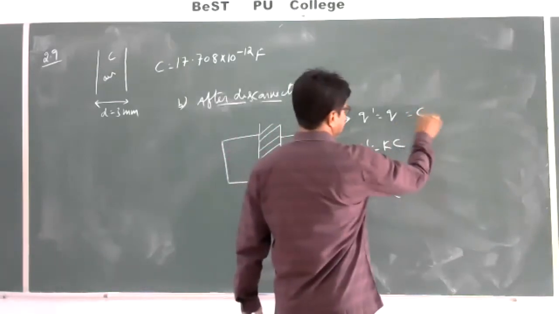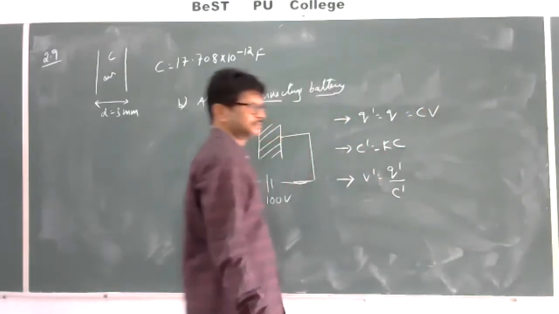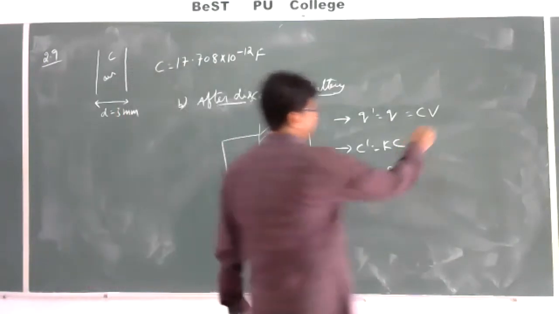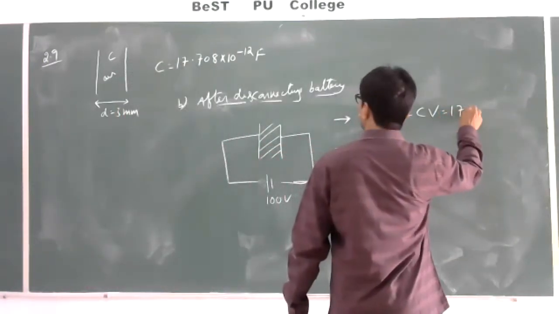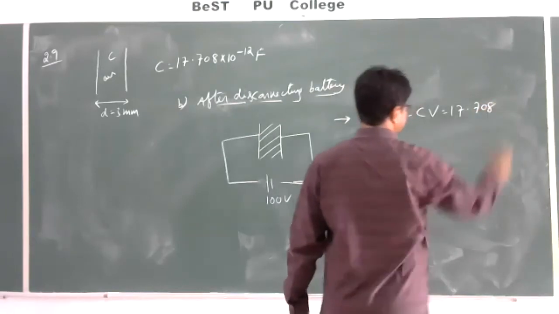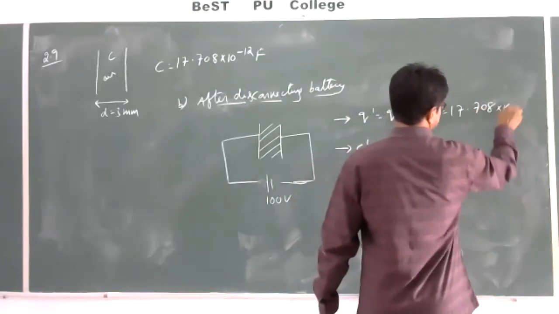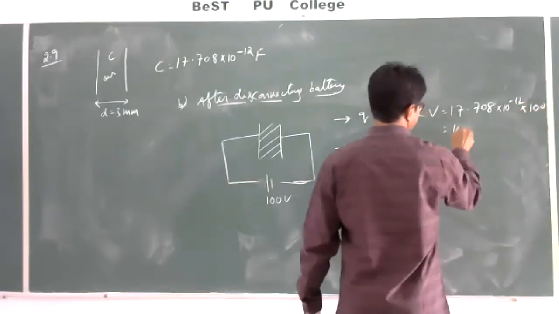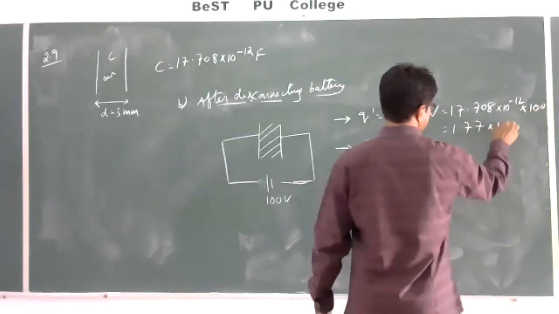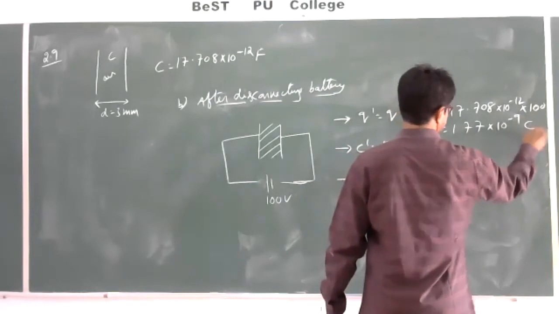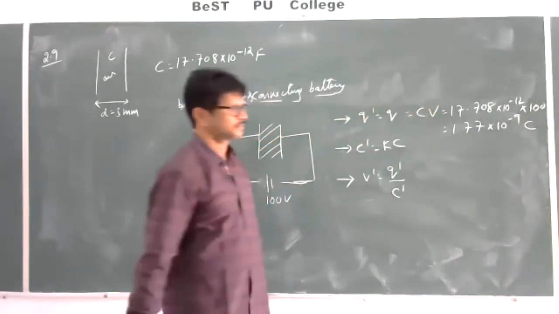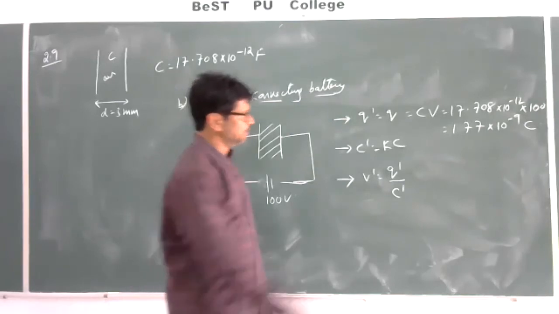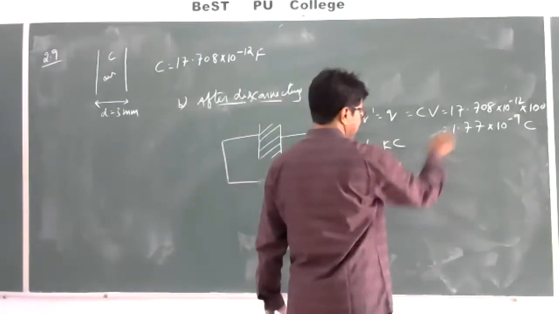Here Q is equal to CV, where C is 17.708 and V is 100. So 1.77 into 10 to the power of minus 9 coulomb will be the new charge.